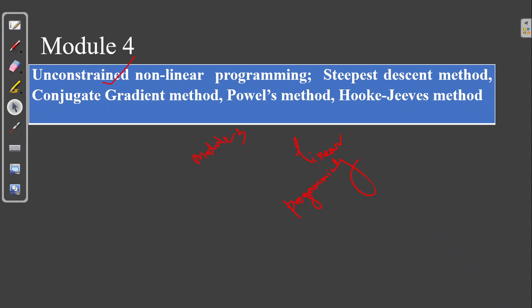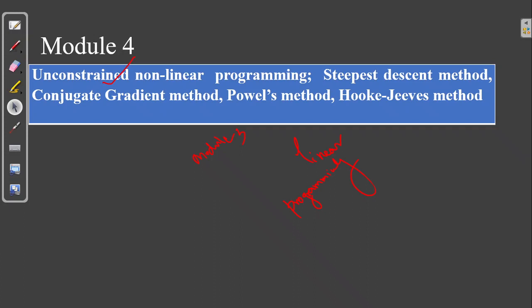But in module 4, we are confining our discussion to unconstrained nonlinear optimization problems. That means there will be no constraints.